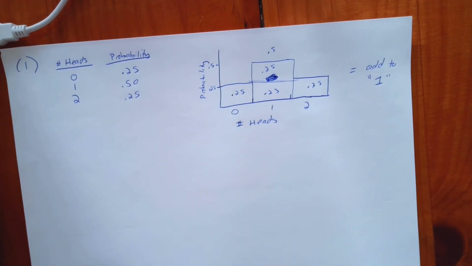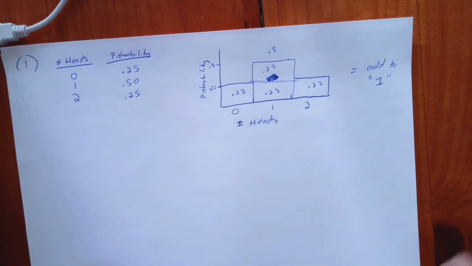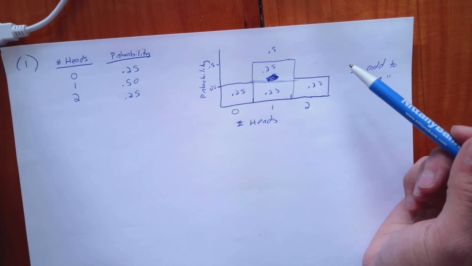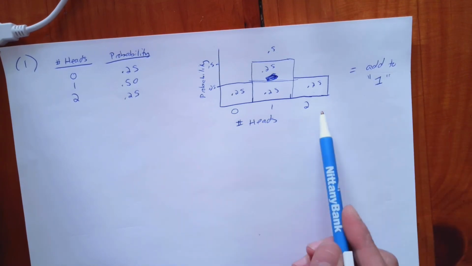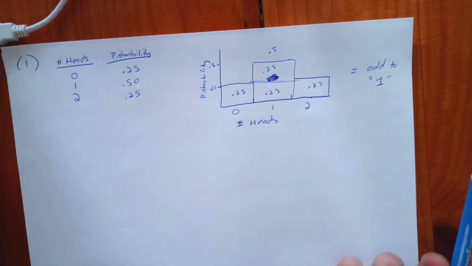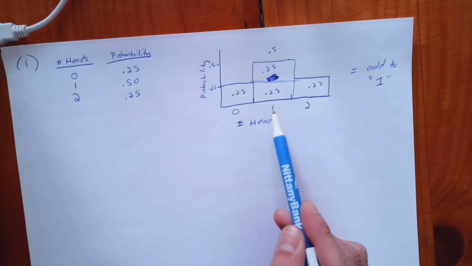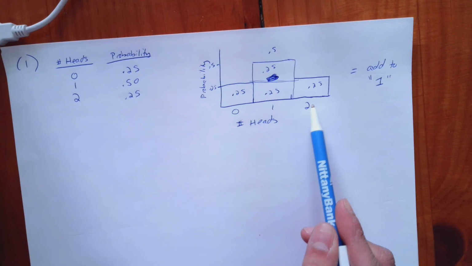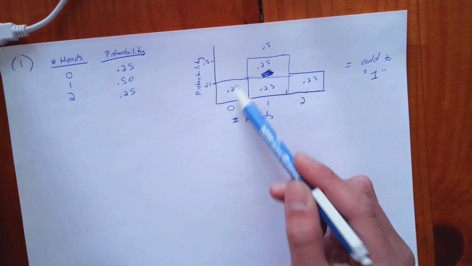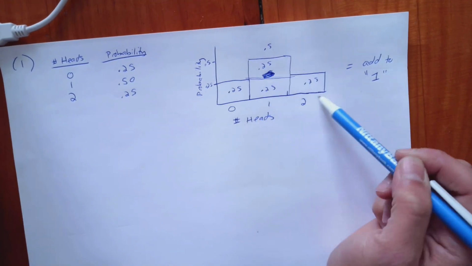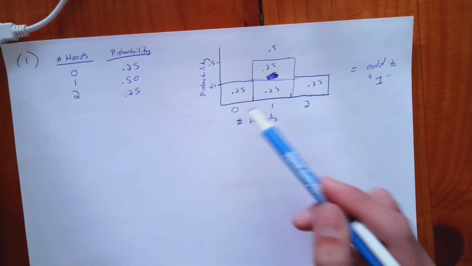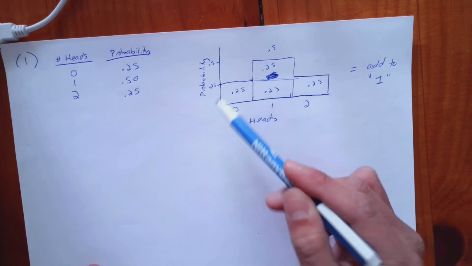The reason for this is that we're showing the probability here, and we know that all of our probabilities always add up to 1 because there's a 100% chance that you're going to get one of these outcomes. So this graph is telling us there's a 100% chance that you're going to get 0 heads, 1 head, or 2 heads, because all the probabilities described by these 3 bars include all of our possible outcomes.